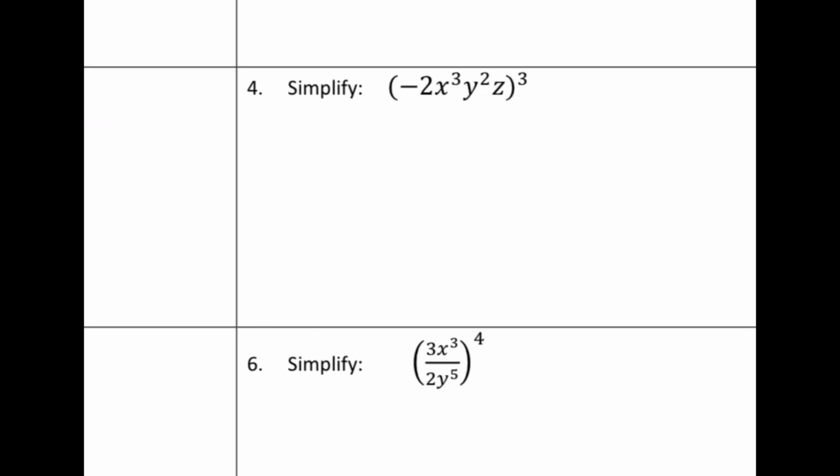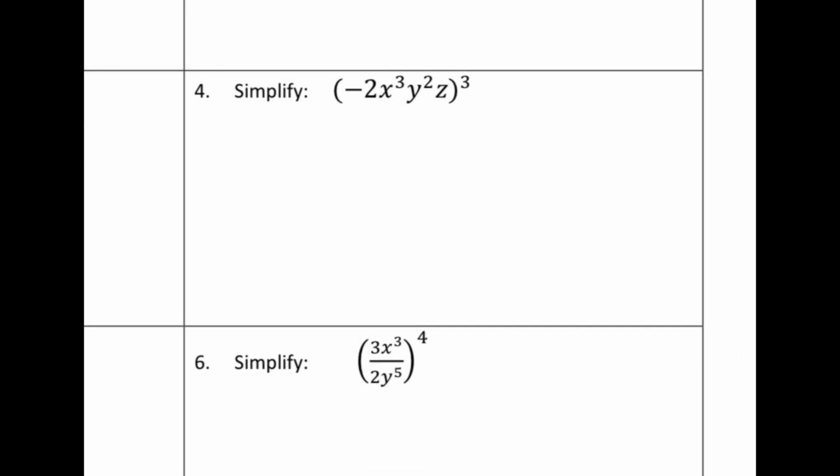Number 4. Again, the 3 is affecting everything because the parentheses are around everything. So this 3 is going to go to the negative 2, x cubed, y squared, and z. This is a good place to remind you of something.